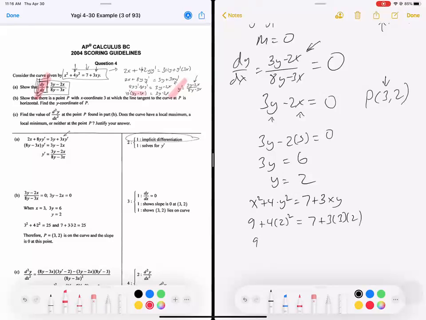This becomes 9 plus 16, that's 25. And 7 plus 18 is 25. Yep. So this is a point on the curve. So not only do we have to figure out that the slope would be 0 at 3, 2, but this 3, 2 is actually a point on the given curve.